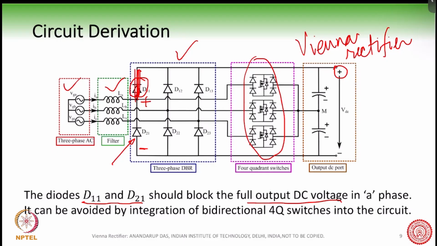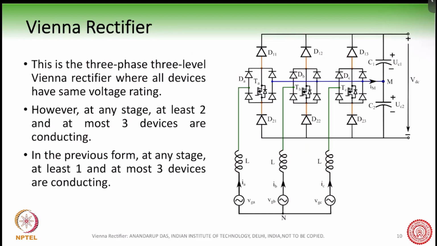So what we can do, if we want to further modify it to have the same device rating, the same voltage rating of VD by 2, is introduce this 4-quadrant switch inside the leg of the converter.